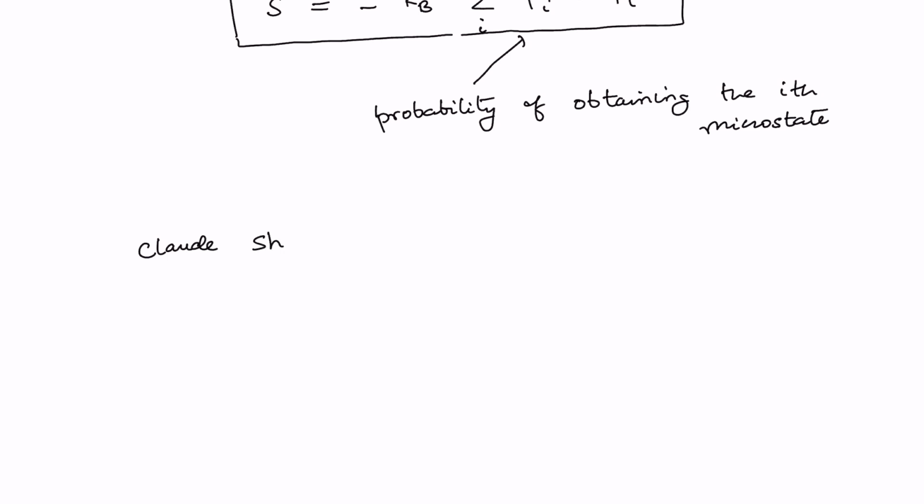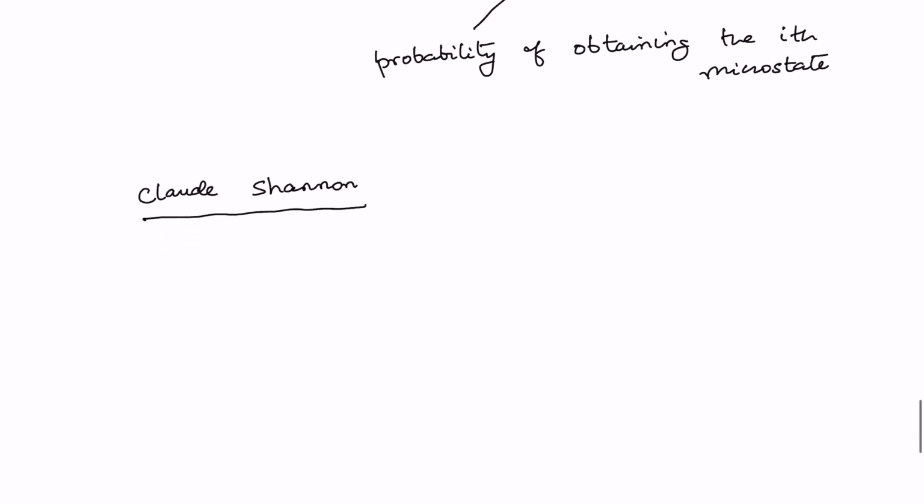Shannon picked up this idea of thermodynamic entropy and used it in classical information theory. There, entropy is defined like this: S is equal to minus sum over x of p of x logarithm of p of x.